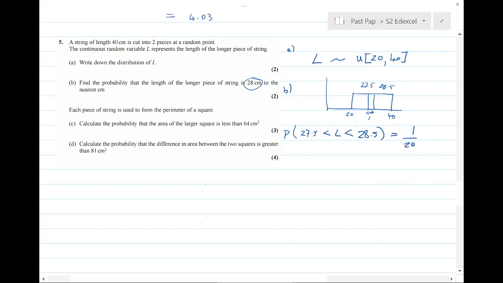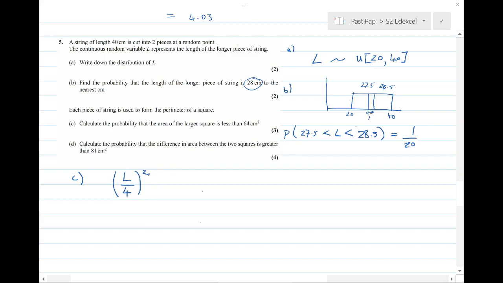Okay, also pretty easy. Then it says each piece of string is used to form the perimeter of a square. Calculate the probability the area of the largest square is less than 64. So for this part, the perimeter of this square is obviously L. So the length of one side is L over 4. So we find the area by doing that.